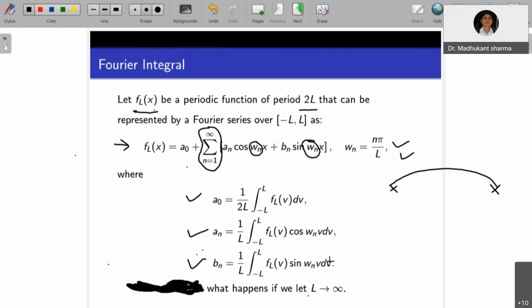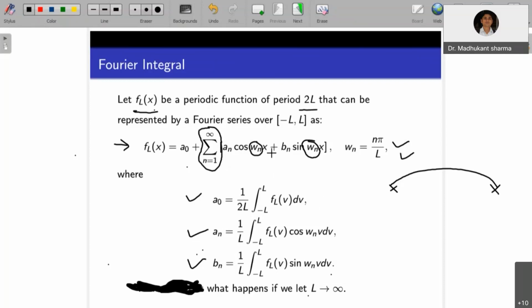When L tends to infinity, we get the continuous case, and the summation is replaced by an integration from 0 to infinity or minus infinity to infinity, depending. So the discrete case has sigma, and its continuous version is an integral.